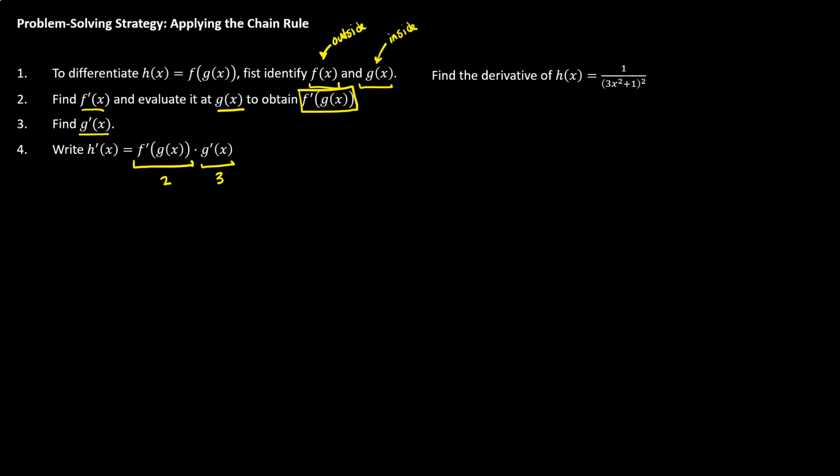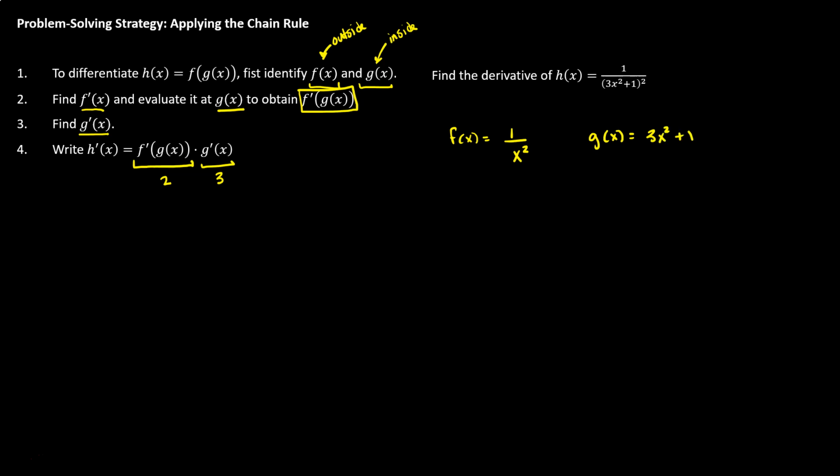H of x looks like a rational function, but it also looks like a composition of functions. The outside function looks like 1 over x squared. The inside function, the thing we plugged into f of x, looks like 3x squared plus 1.